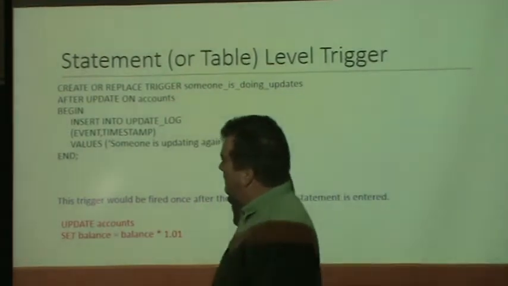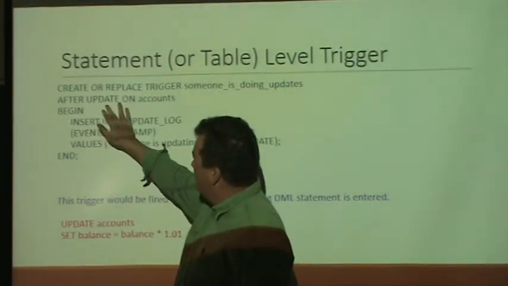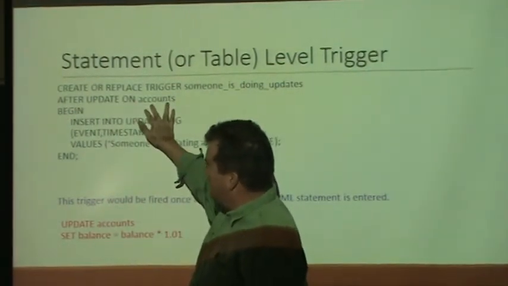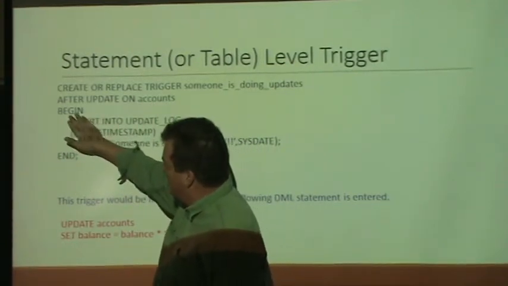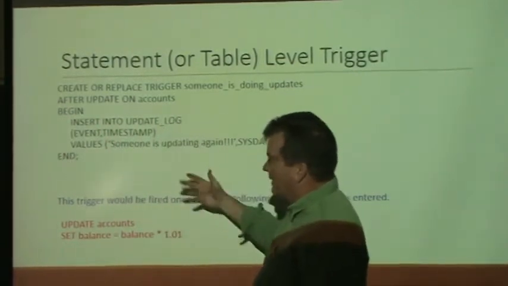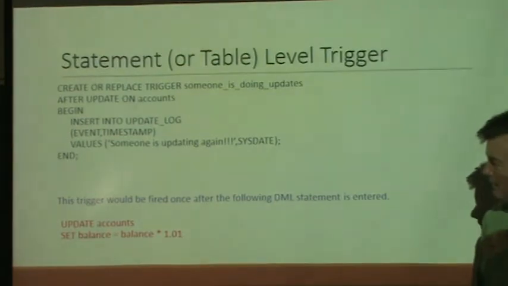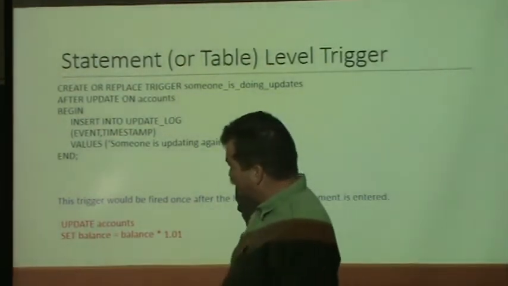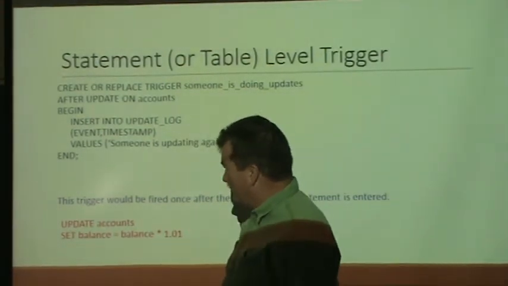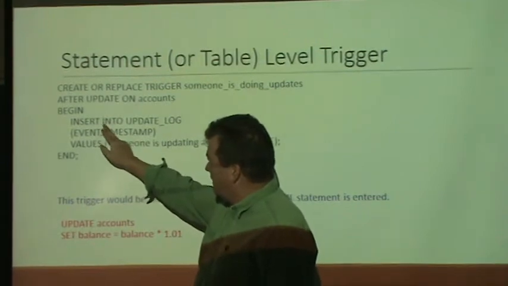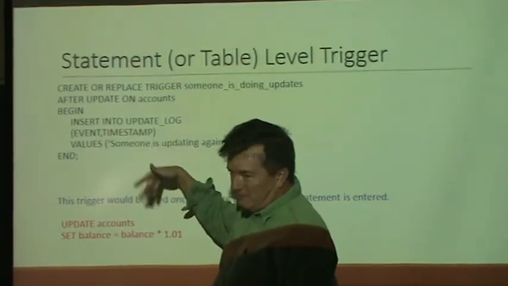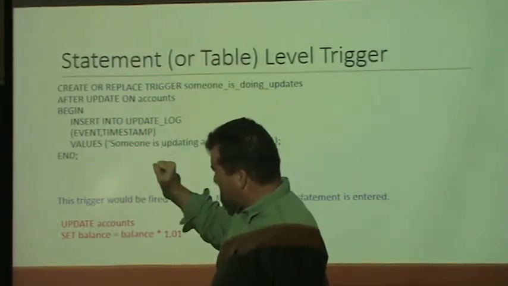So I'm going to say after update on the accounts table, and now I have a few things I want to do. So I'll put a begin and an end statement that you'll have to do. I'm only doing one SQL statement, but I could say insert into the update log. So I have a table called update log.